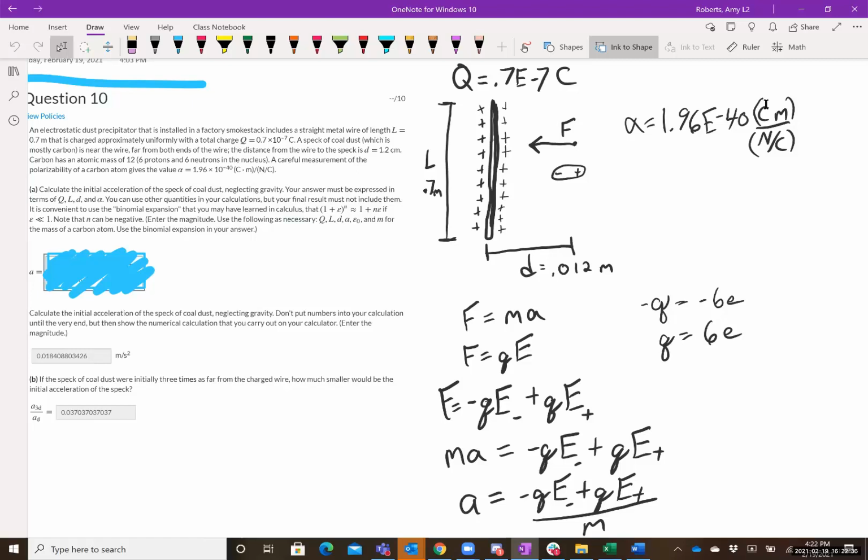Yeah. So tell me what that M is. Is that an electron? Is it the wire? Is it what's the thing that's moving? Well, it's the speck of coal, so it's the carbon. Yeah, okay. So atom. It's the entire carbon atom that's moving. Great. Yeah.